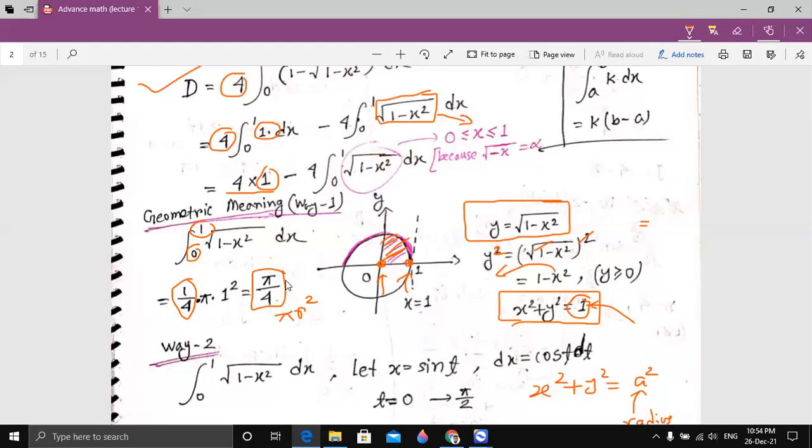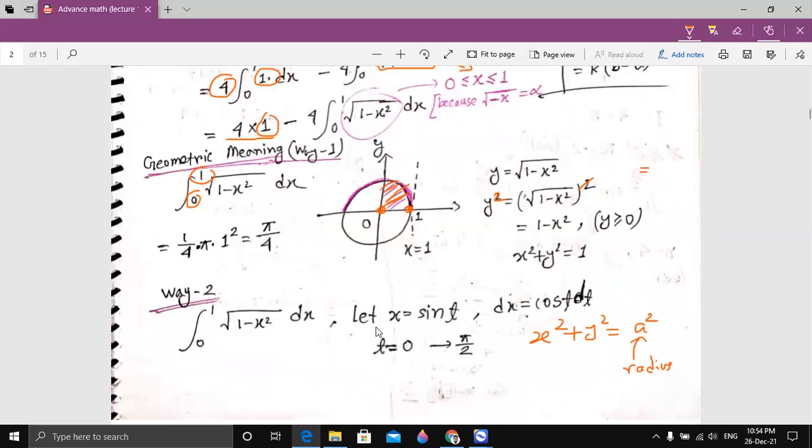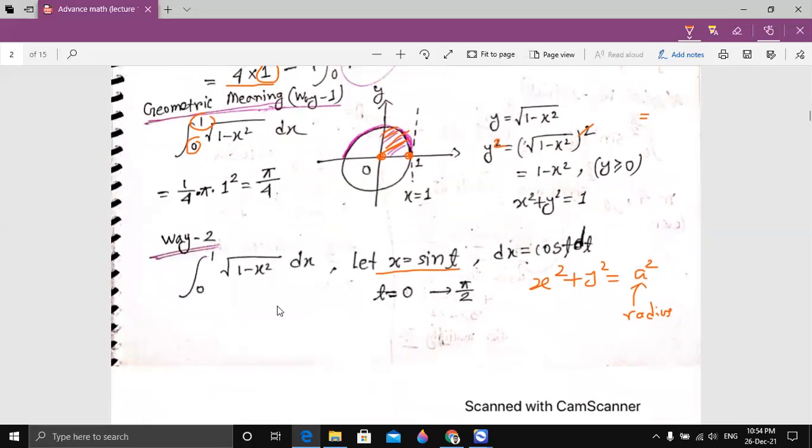So this is way 1. And the second way is the substitution rule. This is a trig substitution rule.